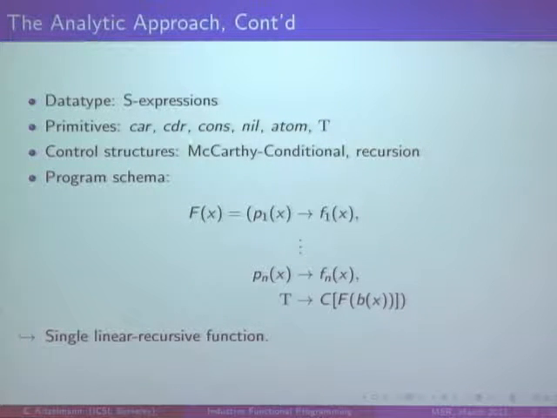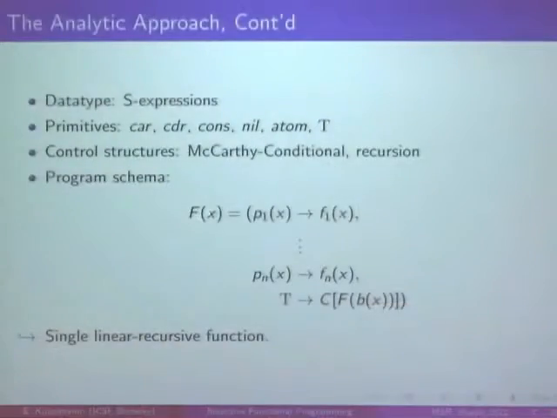So car extracts the first component of an S expression, cdr the second component, cons constructs S expressions from 2 component expressions, nil denotes the empty list, atom checks if an S expression is atomic, for example the nil, and T means the truth value true.